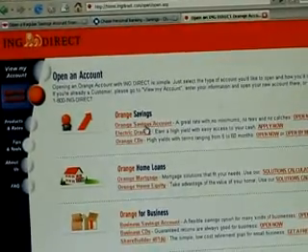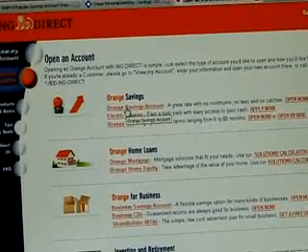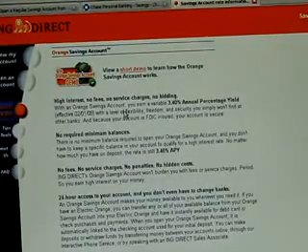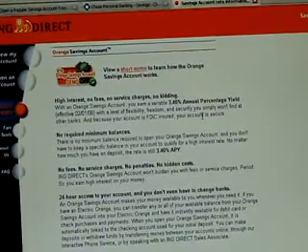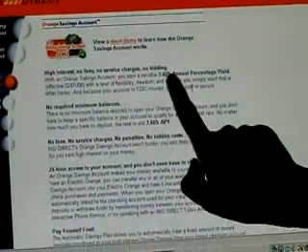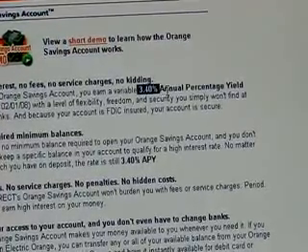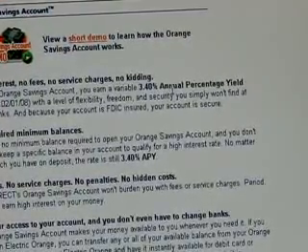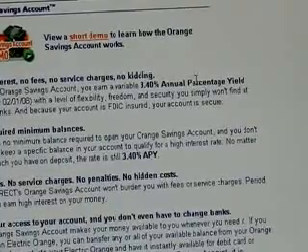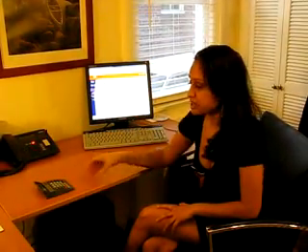I'm going to look at their Orange Savings account, so I'll click on that link. Once I do that, I can see that the interest rate for ING is 3.40% annual percentage yield.